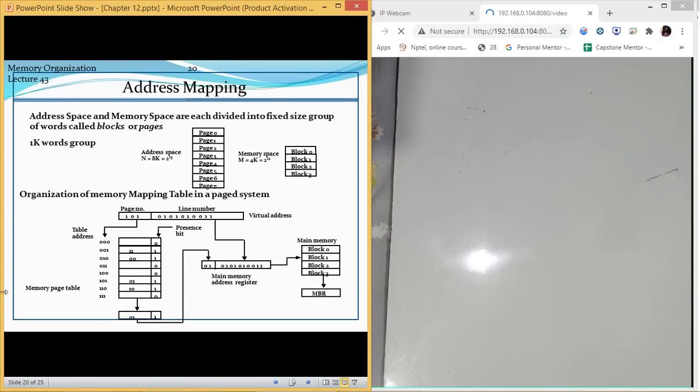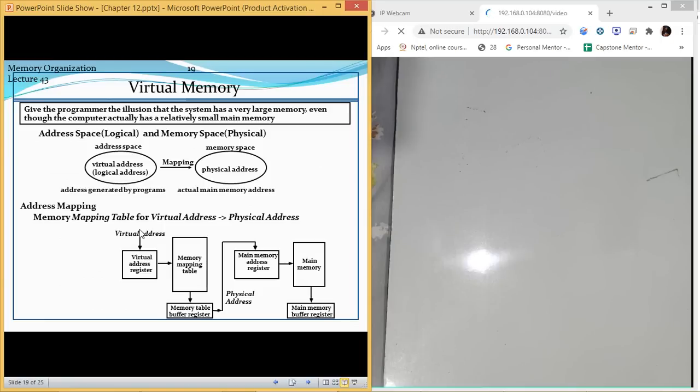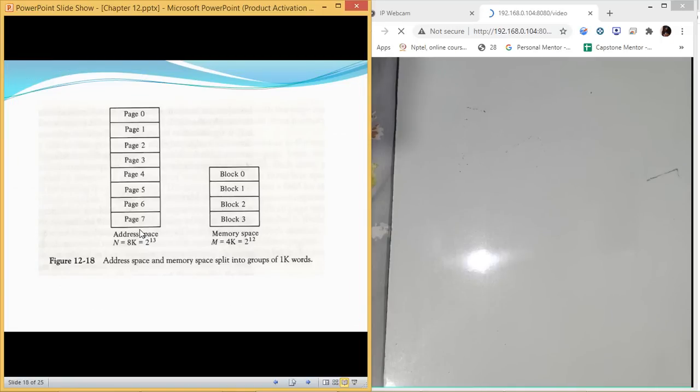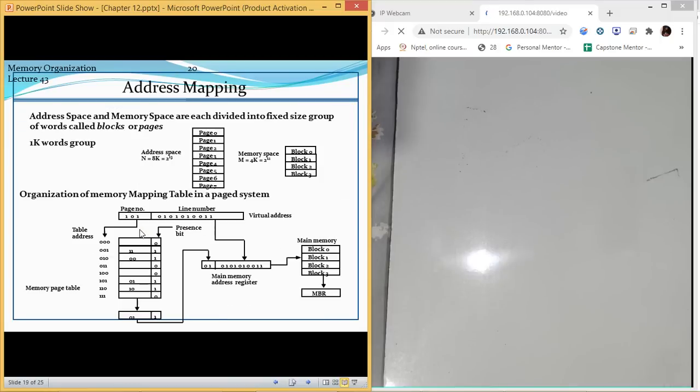We are having a memory map table, we have a main memory, and we have our page numbers. Now this is virtual memory. We will discuss this later on, but I will explain what we started from first. The slide is a little bit out of sequence. So these are the page numbers.